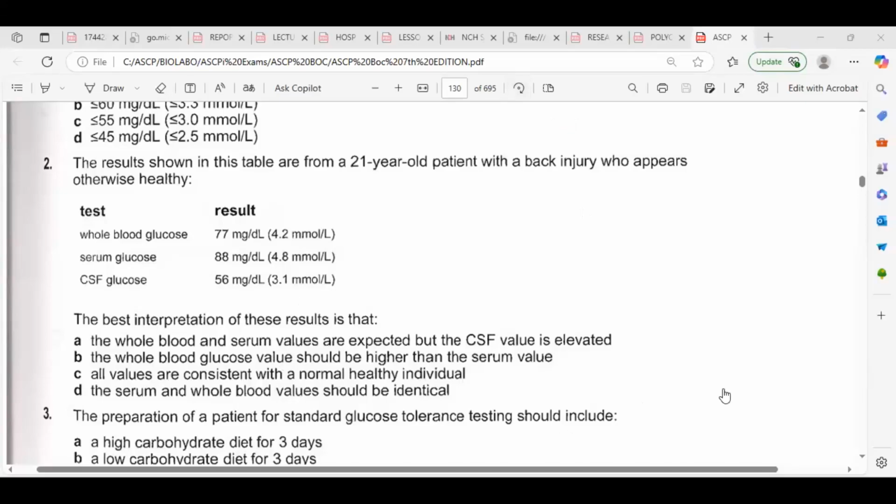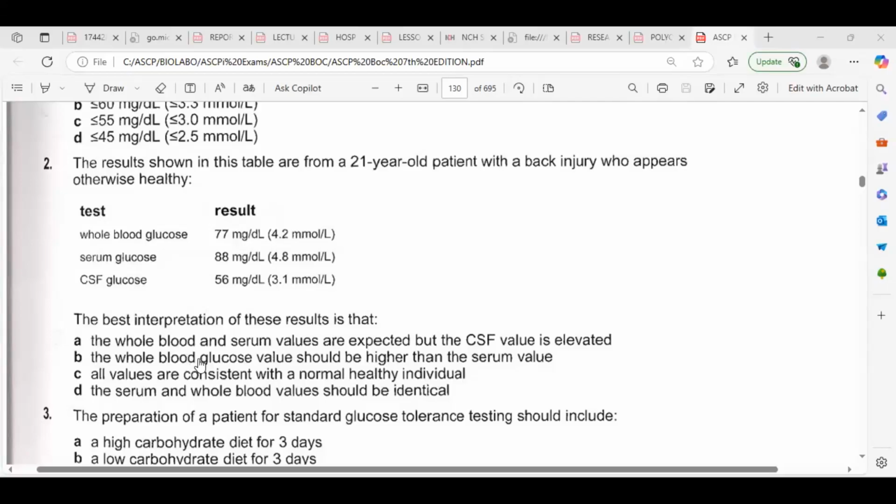Yes, Aaron. If I remember well, even though I didn't attend clinical chemistry, but for fluids, I have seen that the difference between serum and CSF glucose concentration should not be above 30 milligram per deciliter.